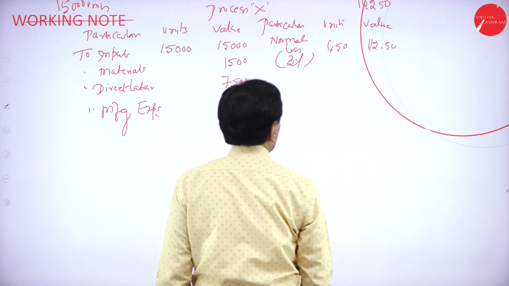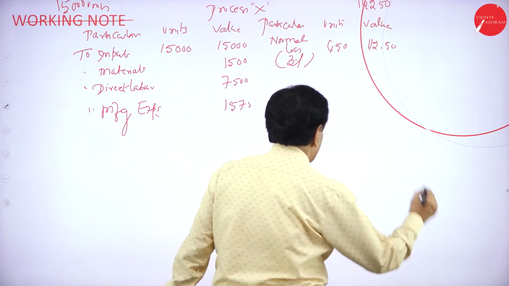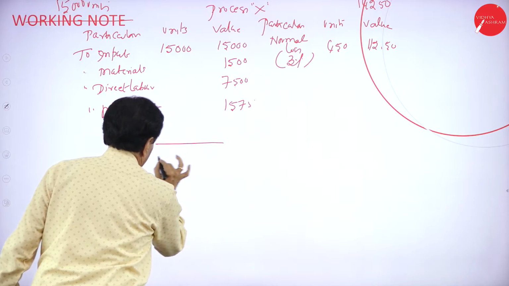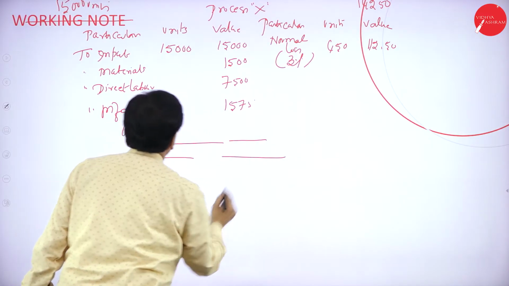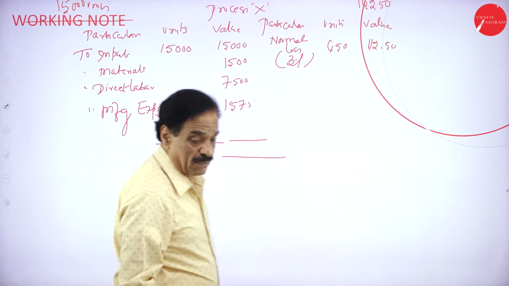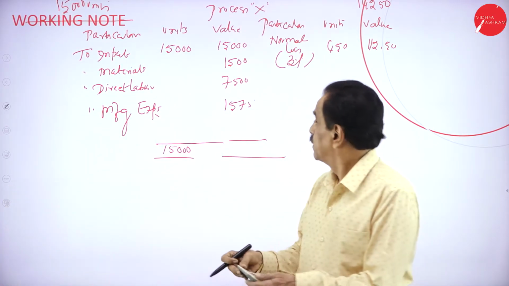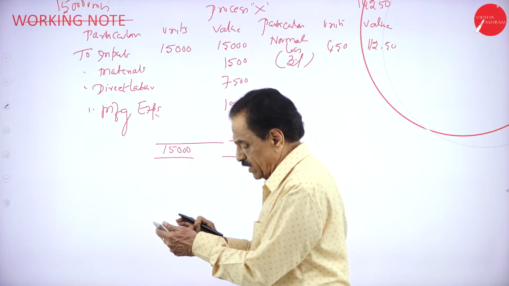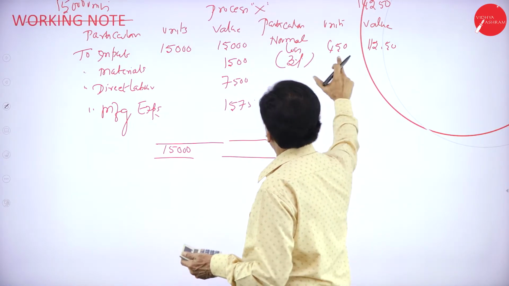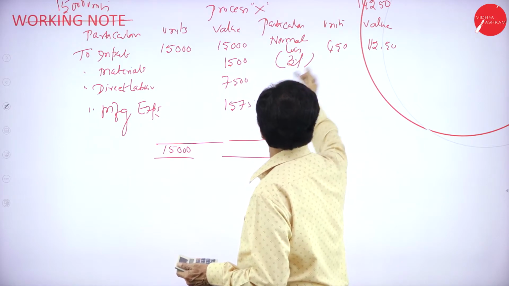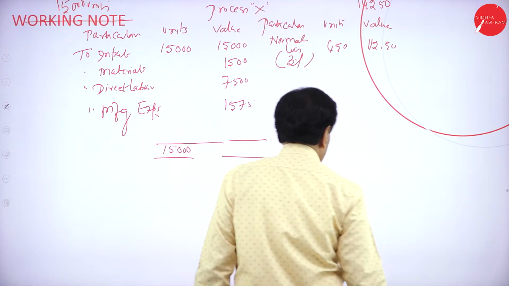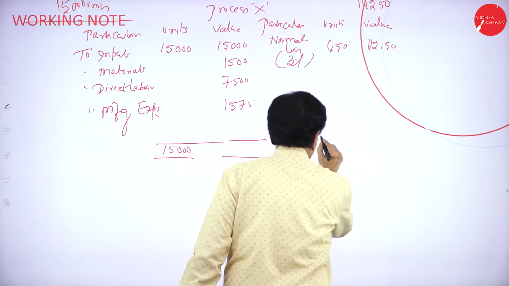If you roughly work out now, you take the output here, working note here, you close the figure here. It is 15,000 units. Add the figure. Now, your input is here. Close the figure.